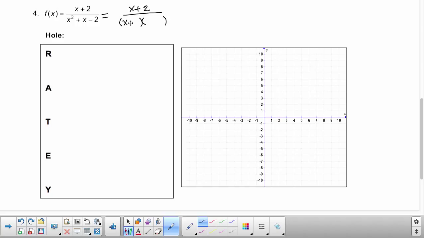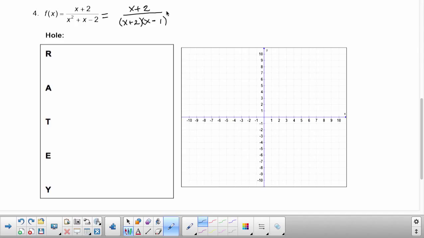Well, that's just going to be x plus 2 on this side and x minus 1, multiplying to -2, but 2 minus 1 gives me +1. Perfect. Please check your answer when you're factoring. It's really quick, and then it'll prevent you from losing more points later on. I just redistribute it quickly in my head and make sure that I get this polynomial when I multiply these two together again.